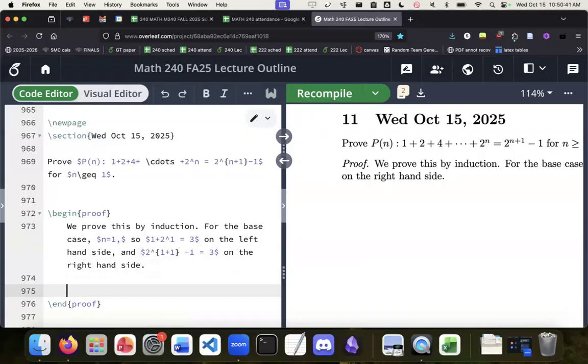So now it's time for the induction hypothesis. We could say, for the induction hypothesis, that.